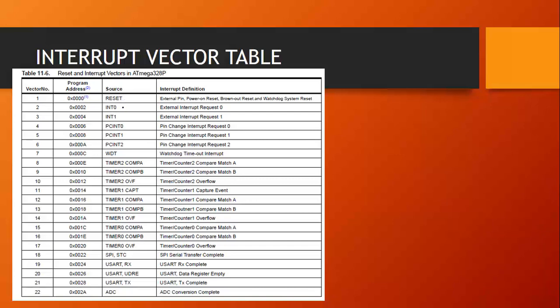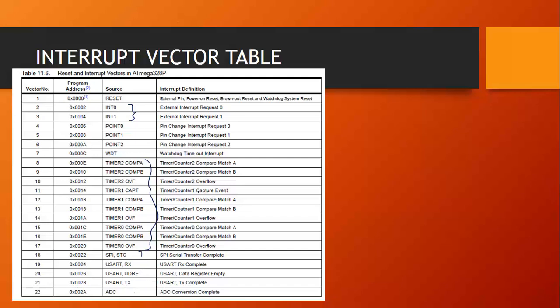You can see we have our two external interrupts. We'll focus on those, and we'll focus on a lot of what we're doing with the timer. You can see there are a lot of timer-associated interrupts. There are also interrupts for SPI, for serial communication, and for the ADC. So there's really a lot happening in terms of interrupts.